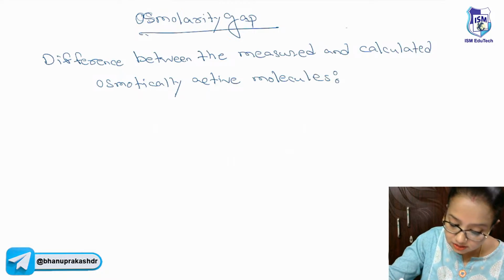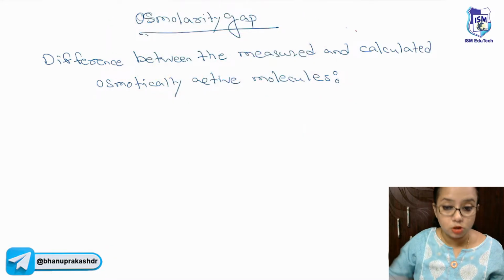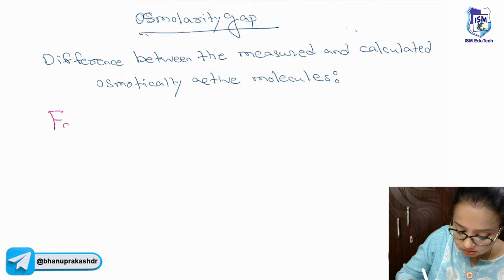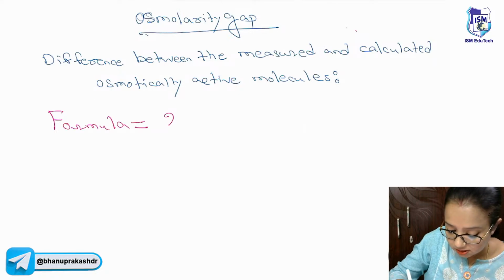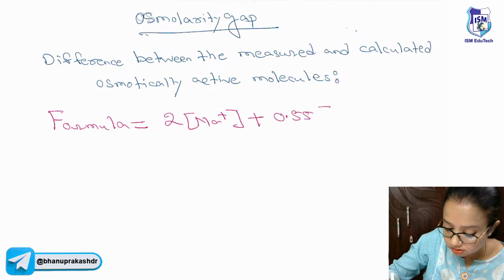Now, there is a standard protocol which postulates a formula through which we can measure the osmolarity gap. The formula is 2 times sodium plus a constant 0.55 of glucose.